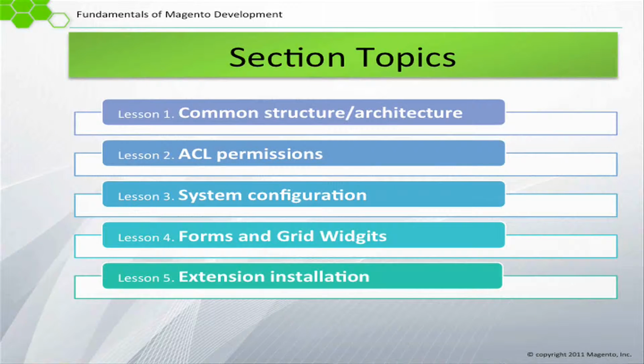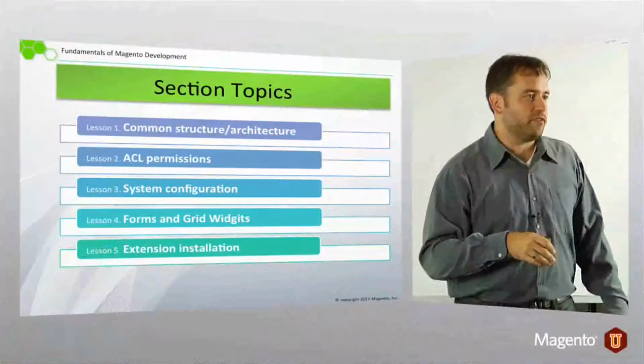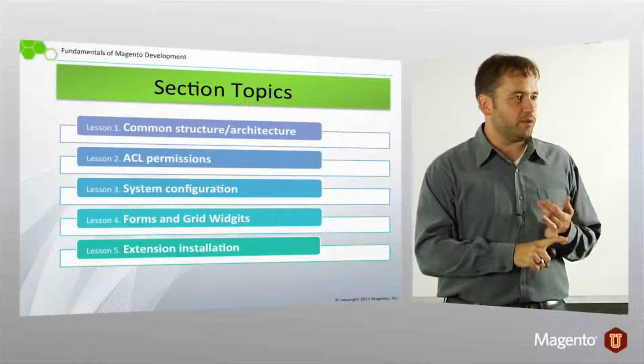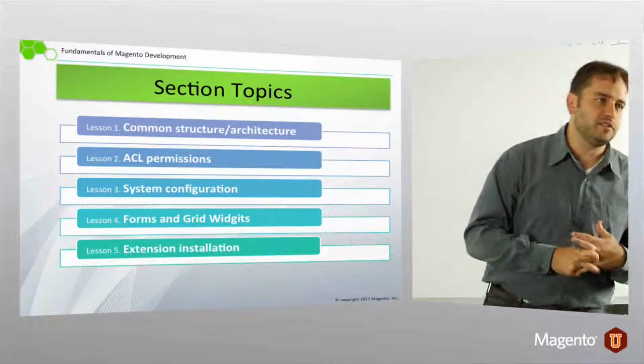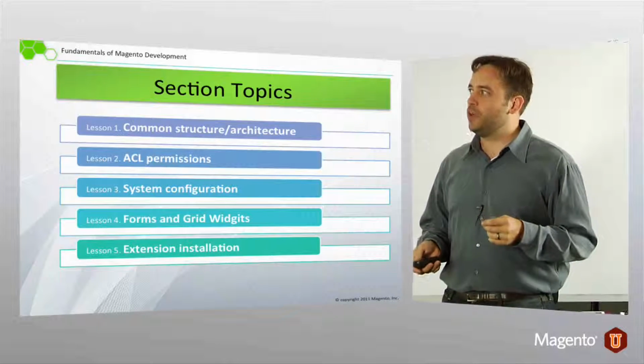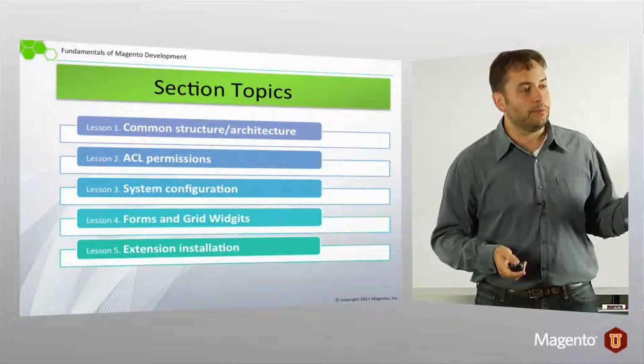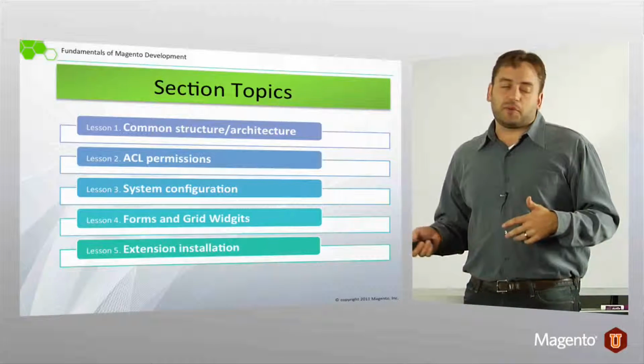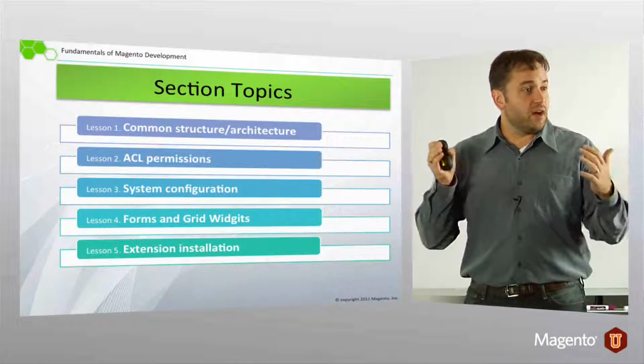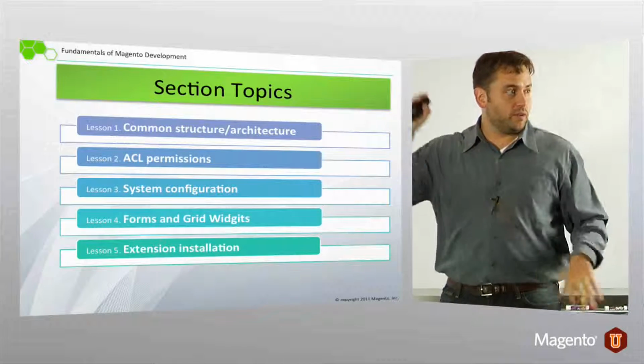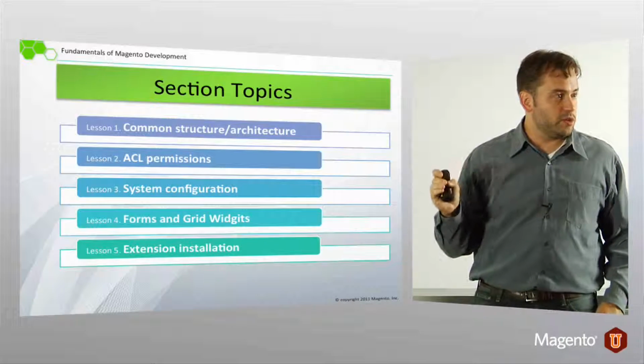All right, our structure is just looking at the general conceits behind the admin area, then go into the ACL permissions. So we have to start with setting you up with some access control. Very easy. It's a very simple implementation in Magento and configured via XML. Then system configuration. So this is the system menu item configuration menu option.